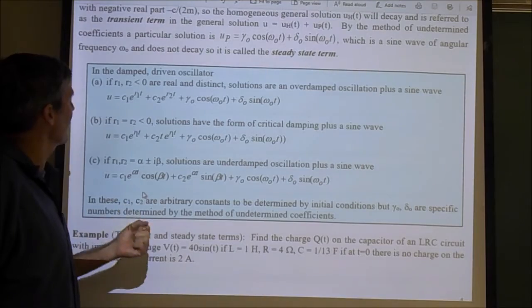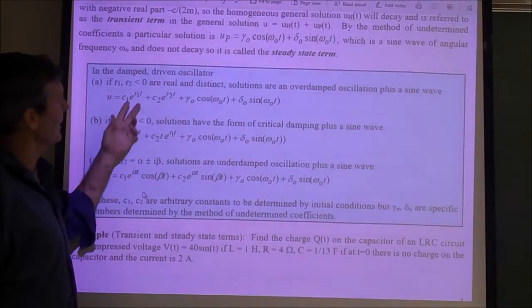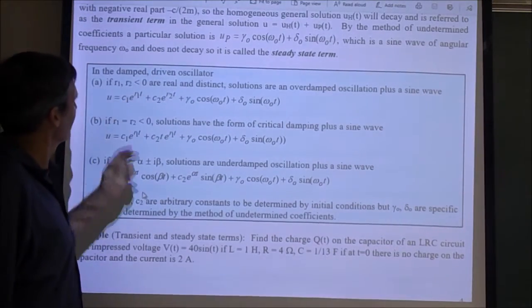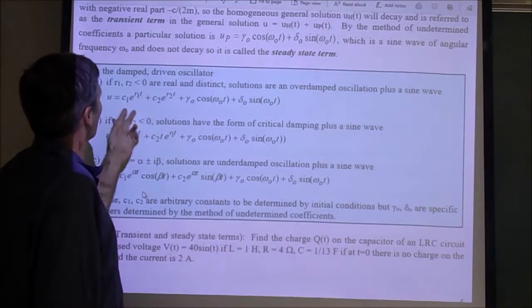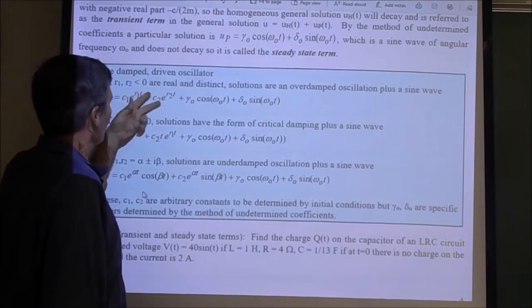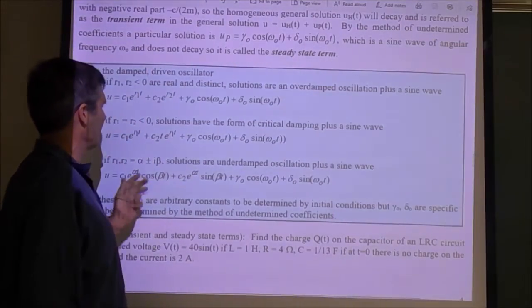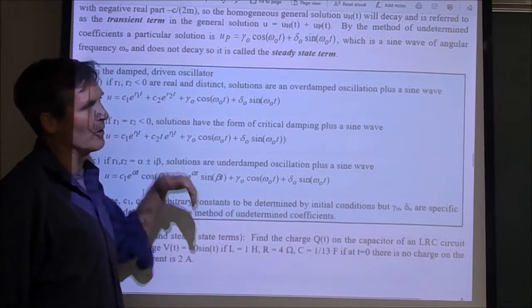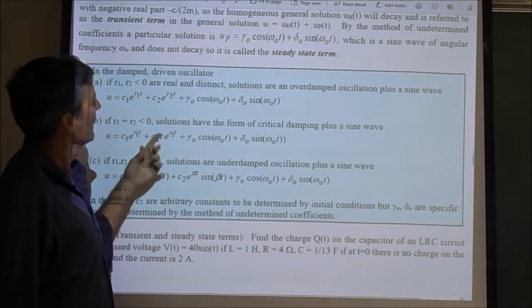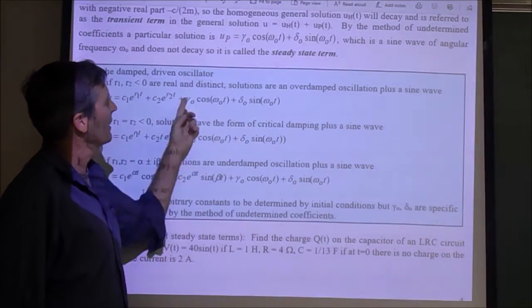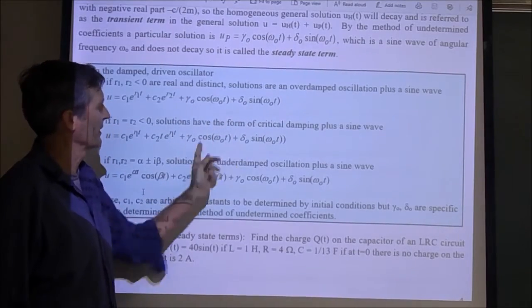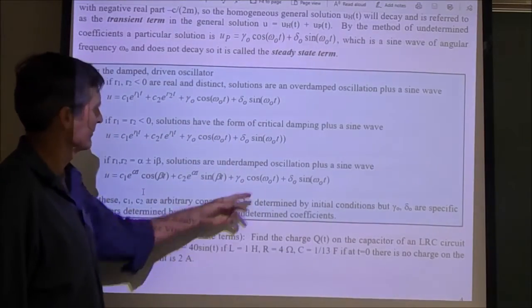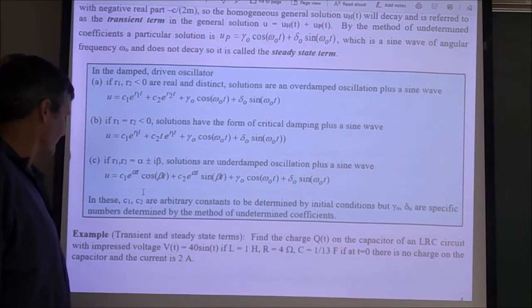Here's the interesting thing. You plug in initial conditions to find these constants here, by the way. But the homogeneous part is decaying, right? All three of these homogeneous solutions that we did before were decaying. You could have overdamped, underdamped, or critically damped. And then you add to that a steady sinusoidal motion, right? This can be written as a single sine wave. It's all just the same thing added.